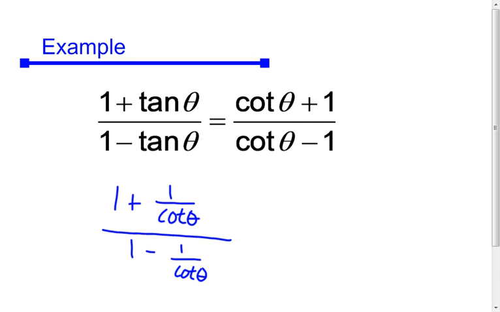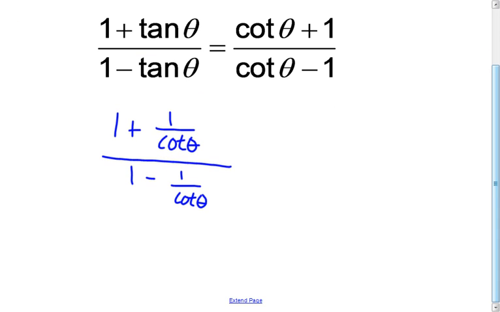Okay, so now I've got fractions within fractions, which is kind of ugly. And you need to remember right now this is 1 over 1. And I need to get common denominators on the top and common denominators on the bottom. So I'm going to change this one right here to cotangent over cotangent. And this one right here to cotangent over cotangent so that I have common denominators.